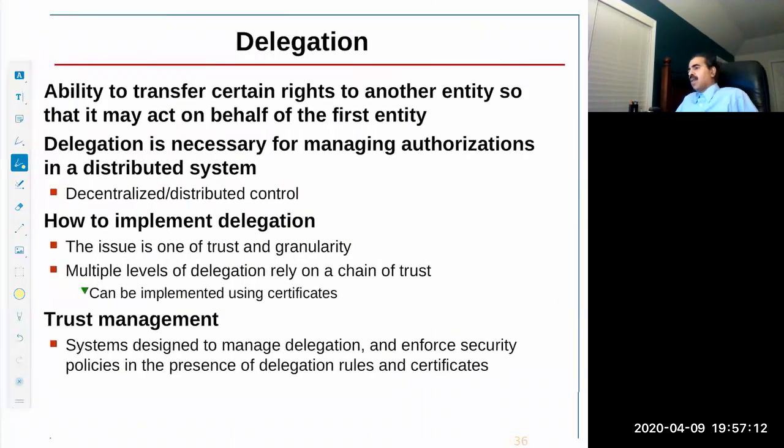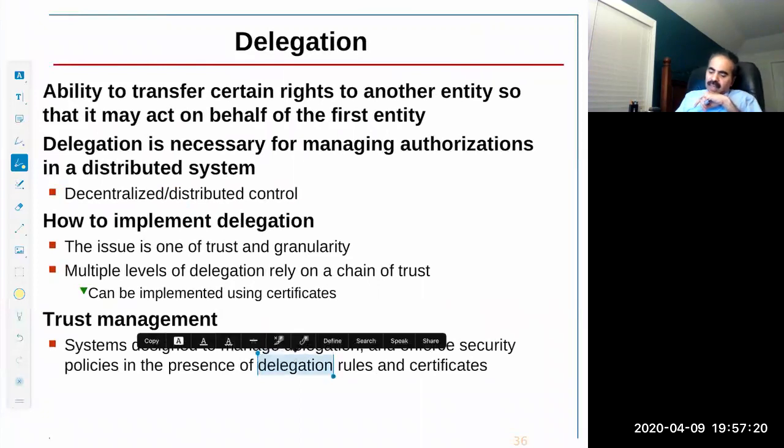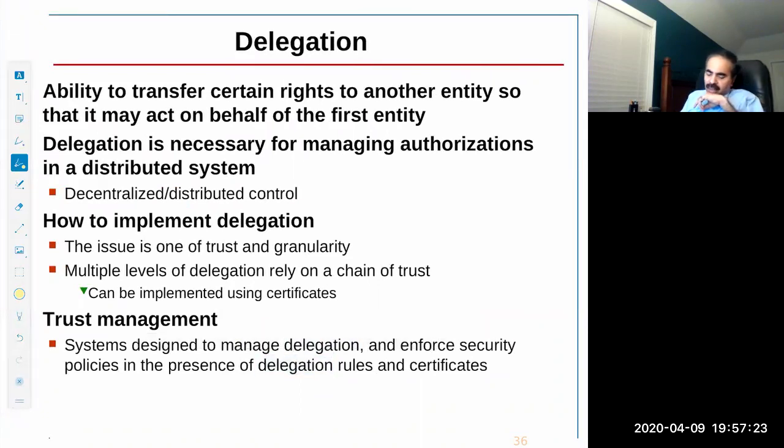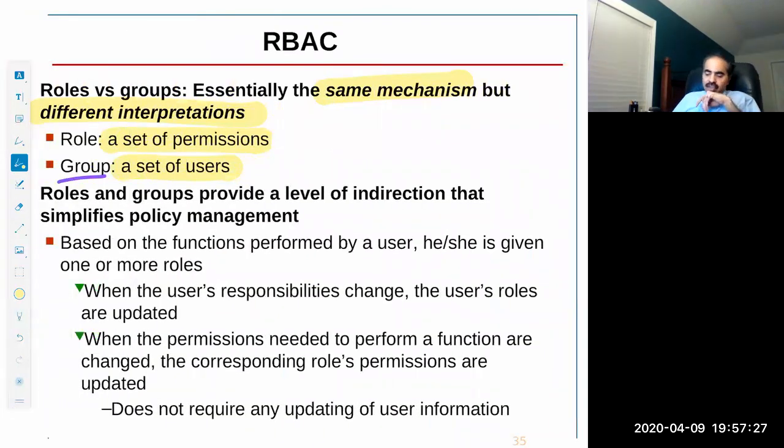Now, role-based access control allows a way to manage permissions, and the way it helps is that you don't have to think about what permission I should give to each user. You don't have to make this decision on a per user basis.